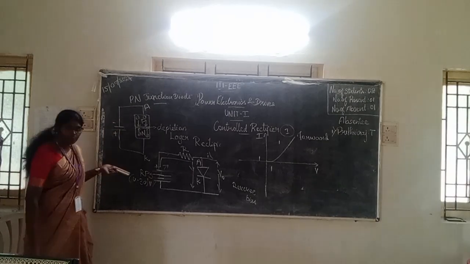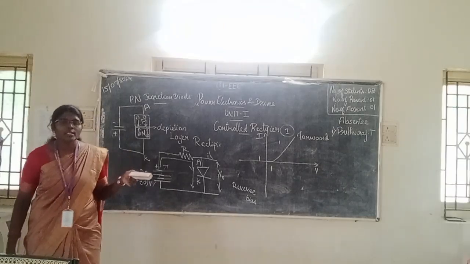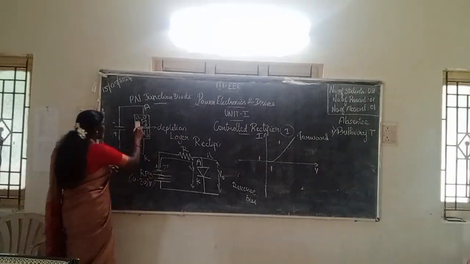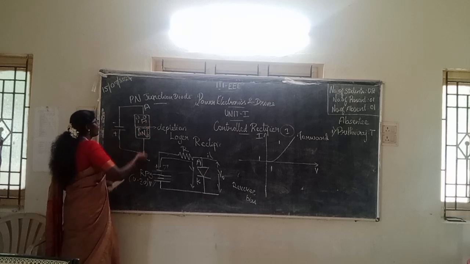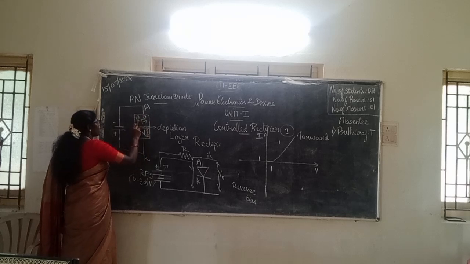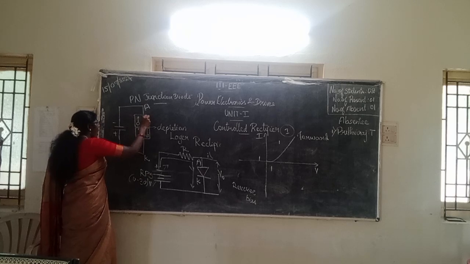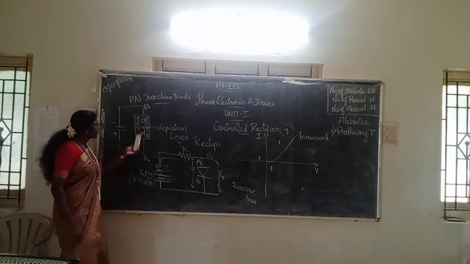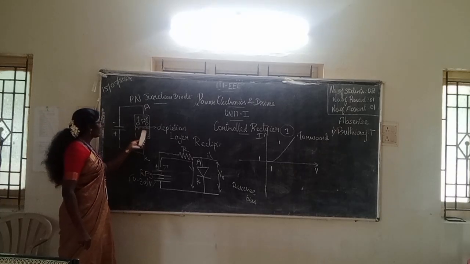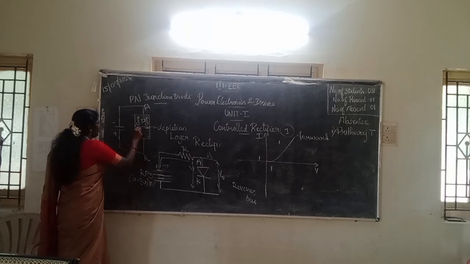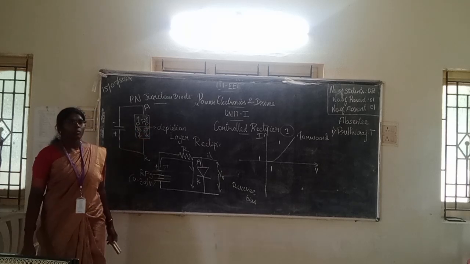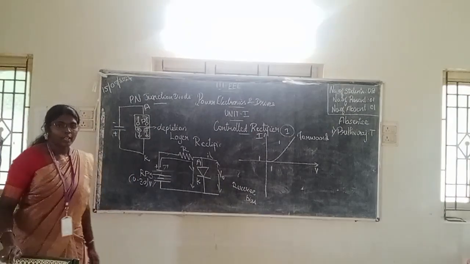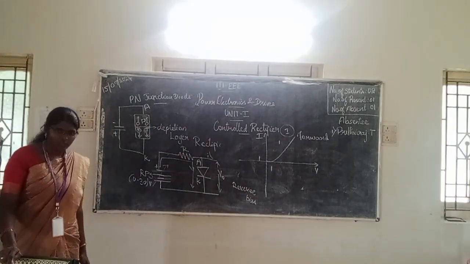Likewise here also, the same. So during this time, what will happen is the holes from the p-type semiconductor will move away from the depletion region, and the electrons from the n-type semiconductor will move away from the depletion region. What you have to say: the anode is connected to the negative terminal, the cathode is connected to the positive terminal.